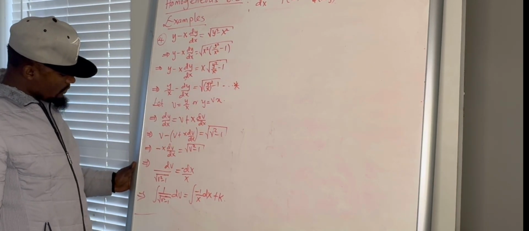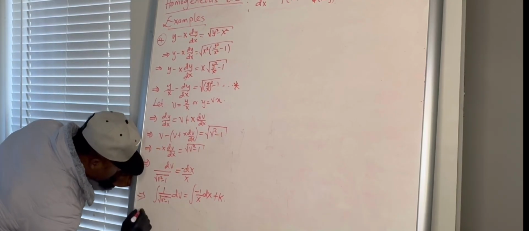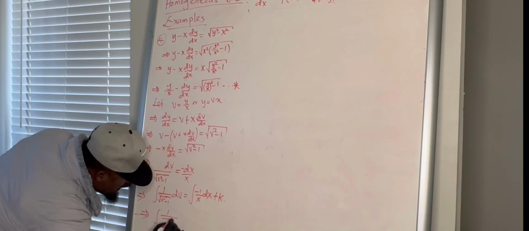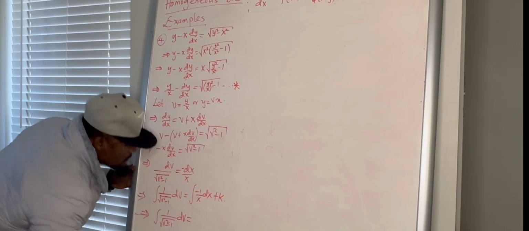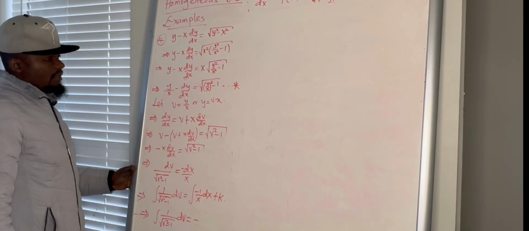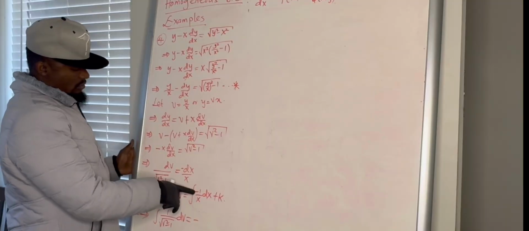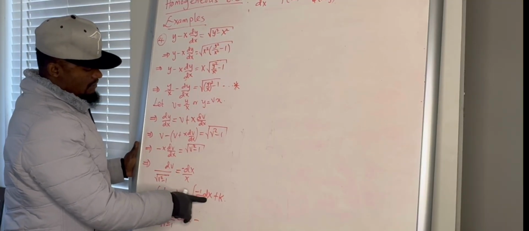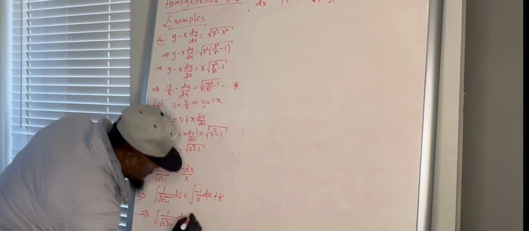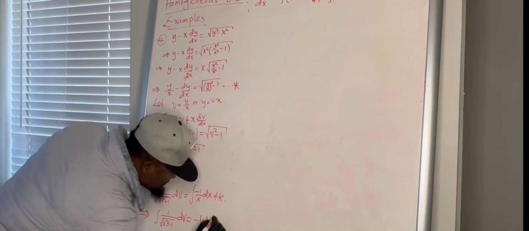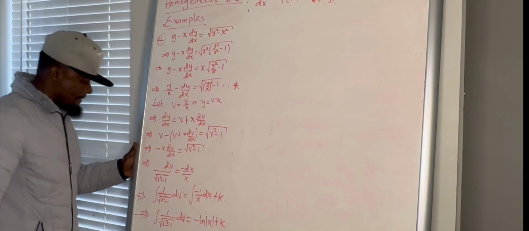Right? Now this implies the integral of 1 divided by the square root of v squared minus 1 dv is equal to, remember, each time we're integrating 1 over a function times the differential of that function, the answer is always the natural log of the absolute value of that function plus k.